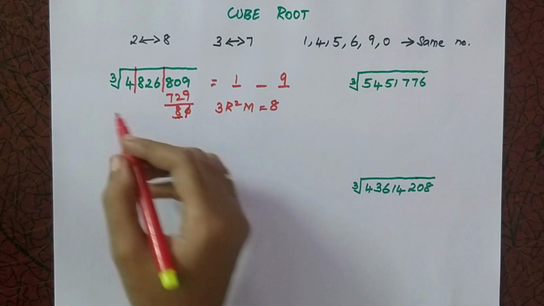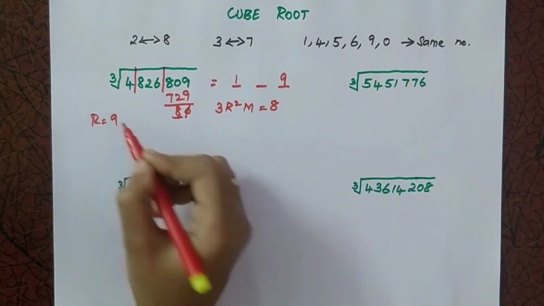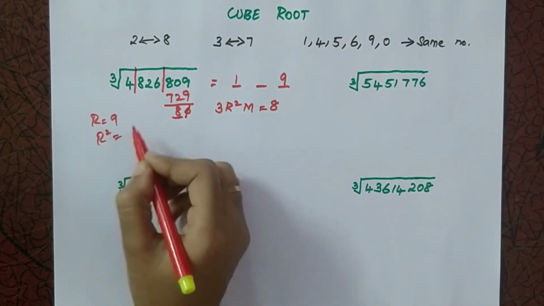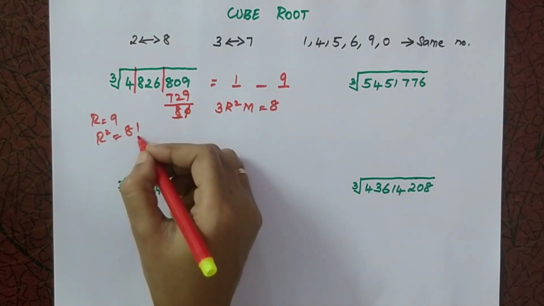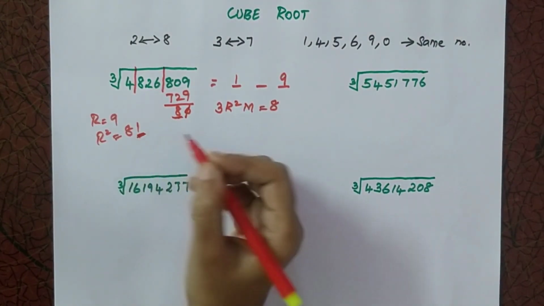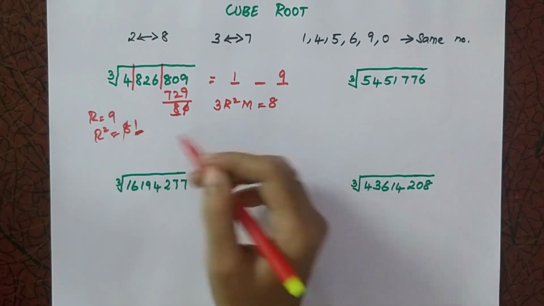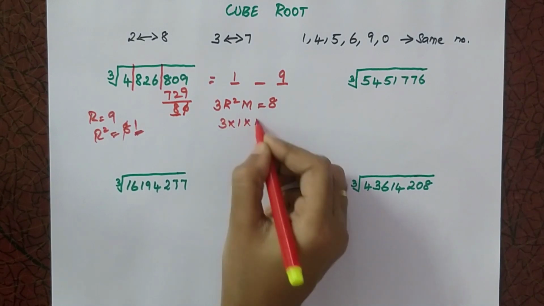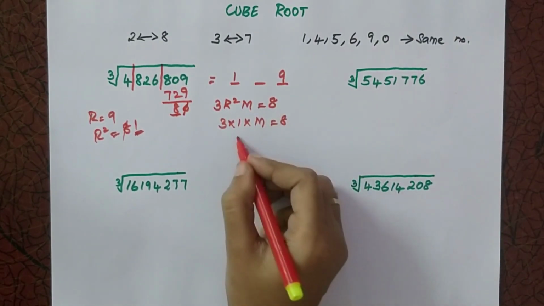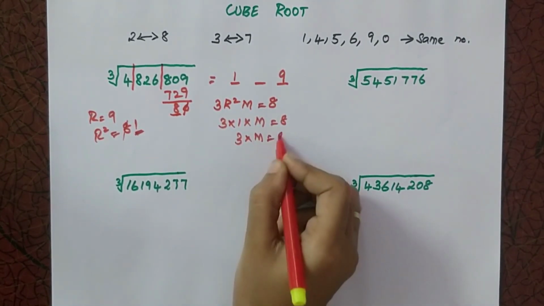So r is 9 and r square you will get 81. But for finding this we have to consider only the last digit, so we can ignore the first digit. So r square is 1 here. So 3 into 1 into m equals 8. So 3 into m equals 8.